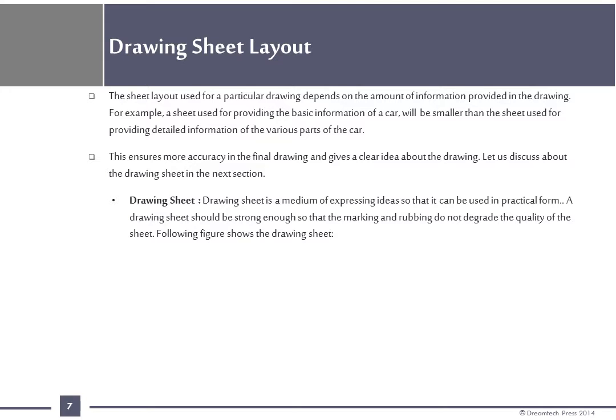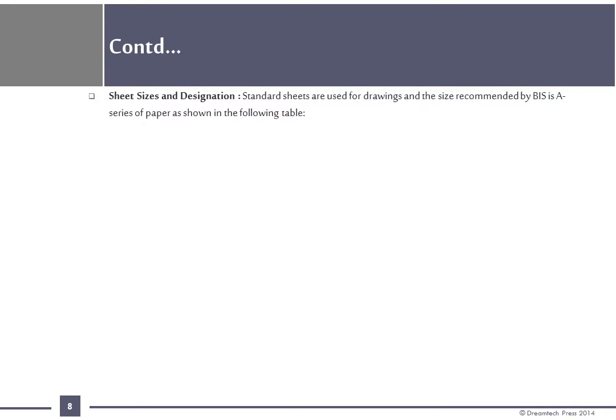Drawing sheet. Drawing sheet is a medium of expressing ideas so that it can be used in practical form. A drawing sheet should be strong enough so that the marking and rubbing do not degrade the quality of the sheet. The following figure shows the drawing sheet. Sheet sizes and designation.